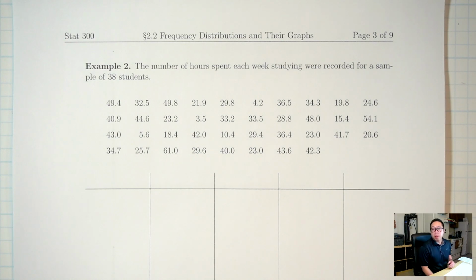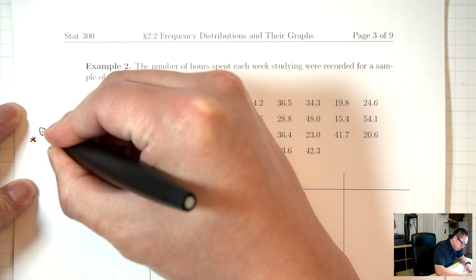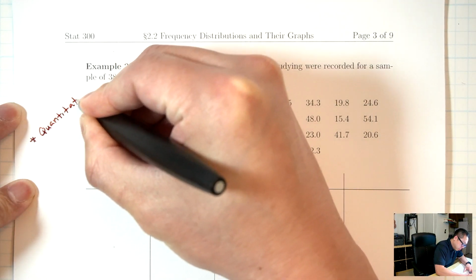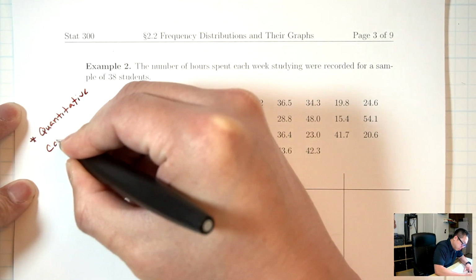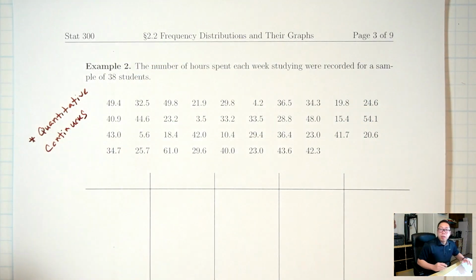Example 2. Here we're talking about number of hours. So we said it makes sense to have 2.31 hours. So it makes sense to have any decimal as a number of hours. This is quantitative continuous data. So what do you do differently?